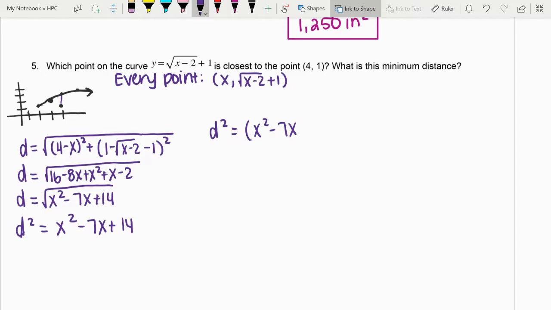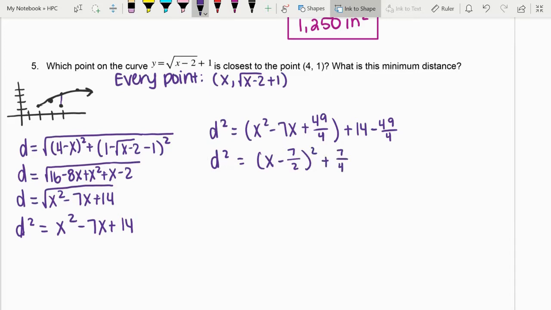And then I square that, so I'm going to get 49 over 4. So plus 49 over 4. Then on the outside I have plus 14 minus 49 fourths. So my distance squared, not sure why it keeps making a little box, distance squared is equal to (x minus 7 halves) squared plus 7 over 4.